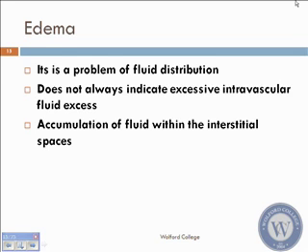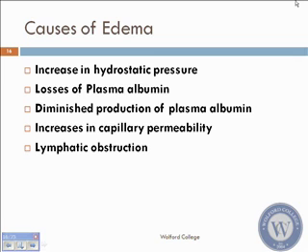Okay? Edema is basically a problem of fluid distribution. It does not always indicate excessive intravascular fluid, actually. It may actually indicate just the opposite. And edema is basically an accumulation of fluid within the interstitial space. Now, what causes edema could be simply the following five things.